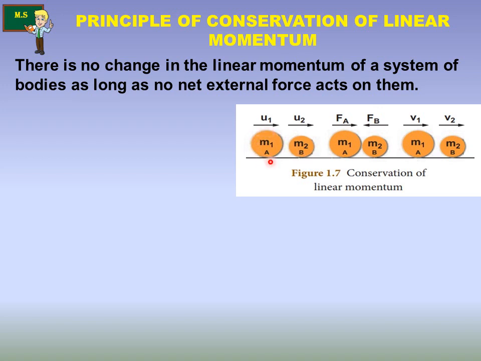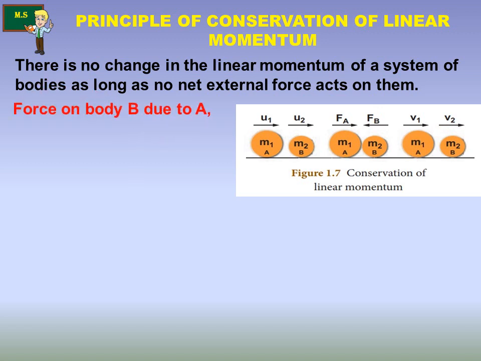The first ball A has an initial velocity U1 and the second ball has the initial velocity U2. They travel and collide with each other with the force of A and the force of B. At last they move in a straight line with the final velocity V1 for the ball A and V2 for the ball B.